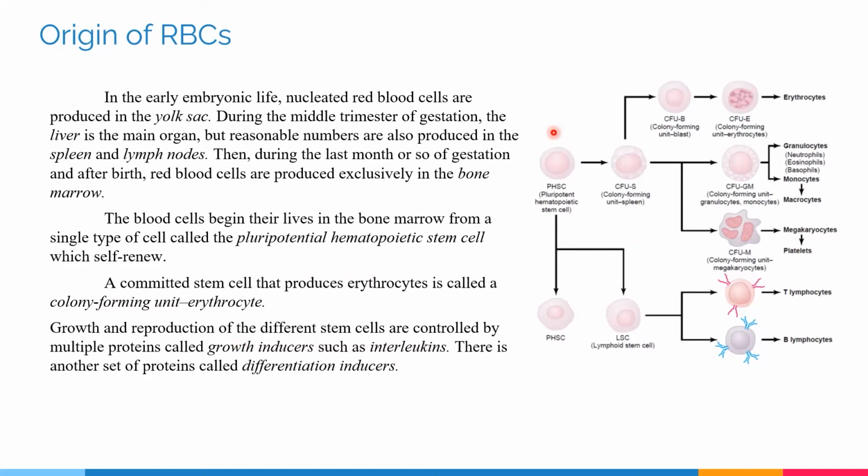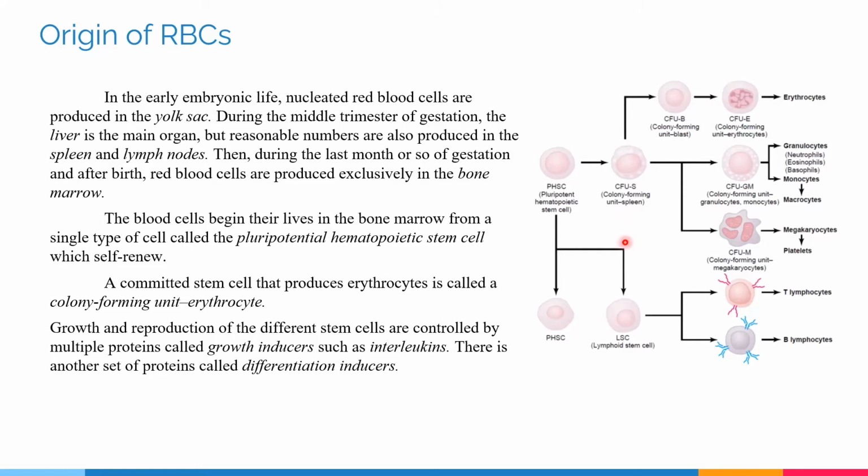So the pluripotent hematopoietic stem cell gives rise to the colony forming unit spleen. This is a cell which again can differentiate to form the colony forming unit blast, followed by the colony forming unit erythrocyte, which finally gives rise to the mature erythrocytes.